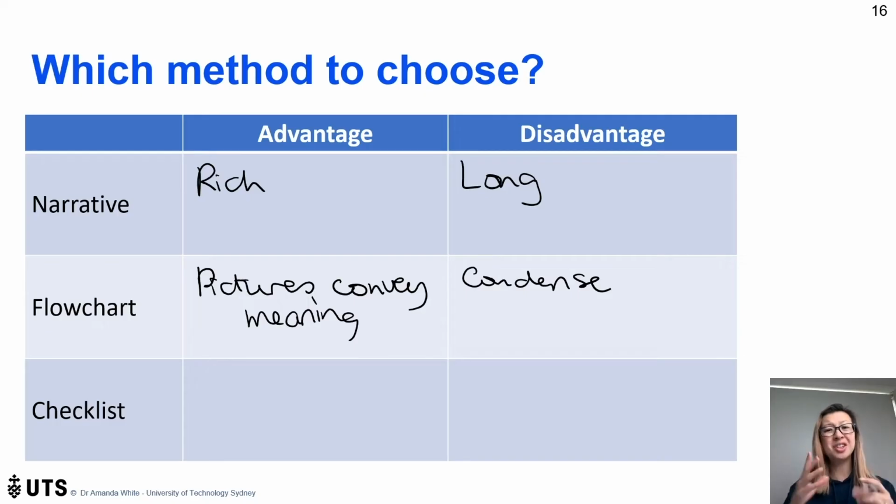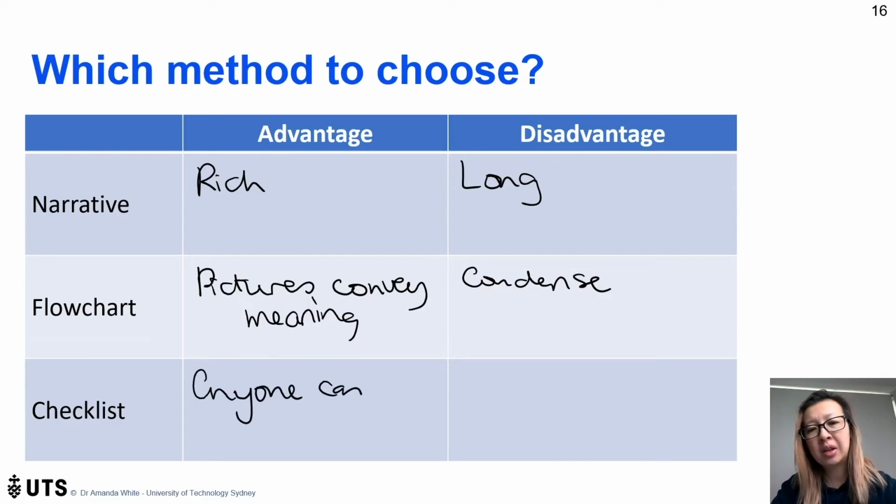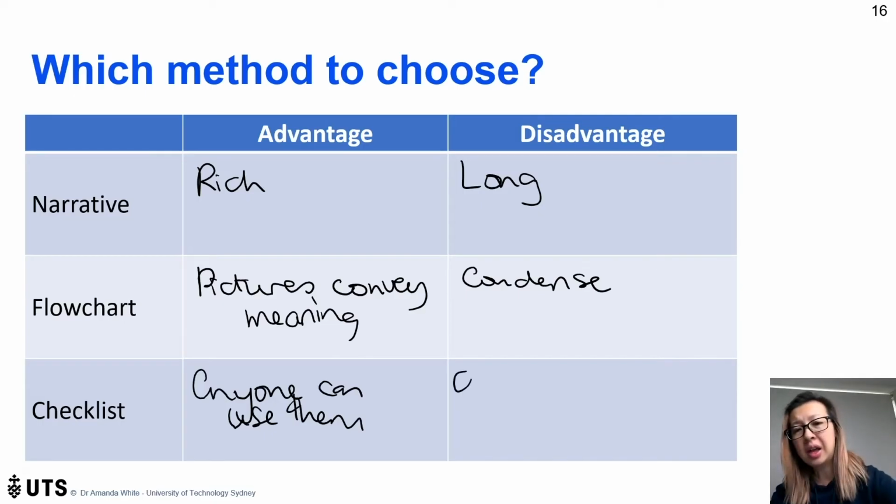The advantage of the checklist is that really anyone can use them. So you don't need to have a lot of experience with the client to use a checklist. You take your checklist to the interview and you just ask them a whole lot of questions. However, clients don't like checklists.